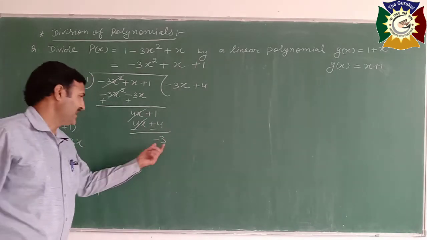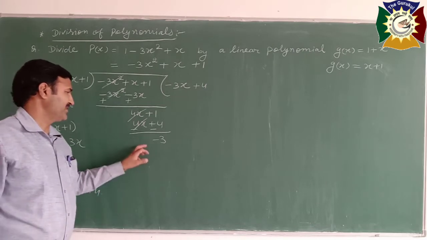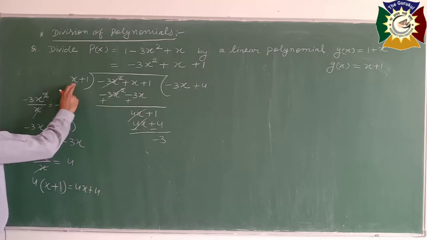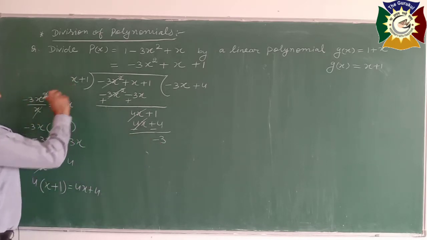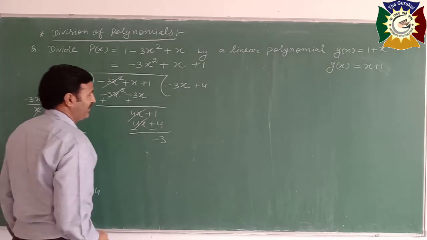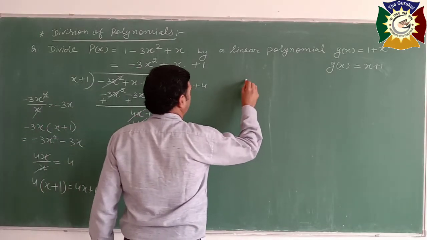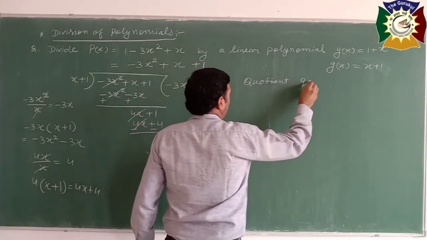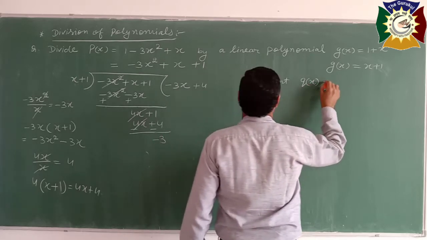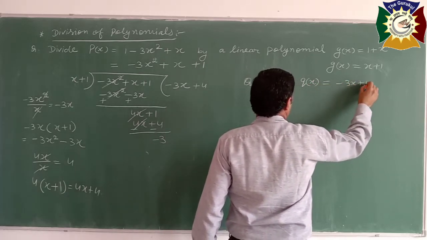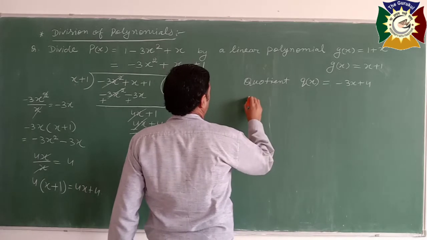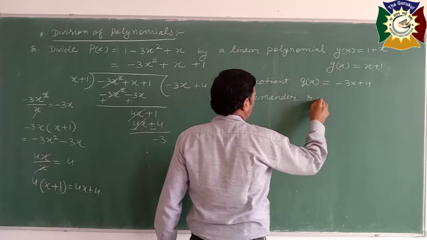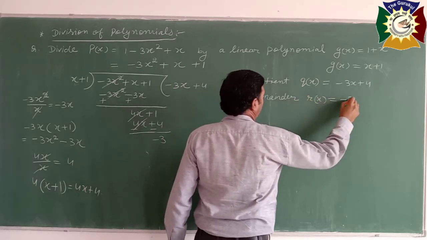This is the remainder. As we know, the degree of the remainder should be greater than or equal to 0 but less than the degree of the divisor. Now the degree of this remainder is less than this. So this is the remainder. The quotient, denoted by q of x, is minus 3x plus 4, remainder r of x is minus 3.